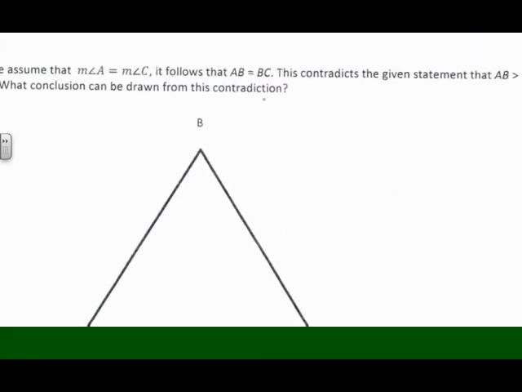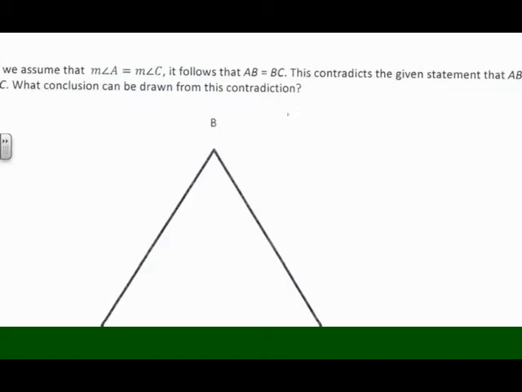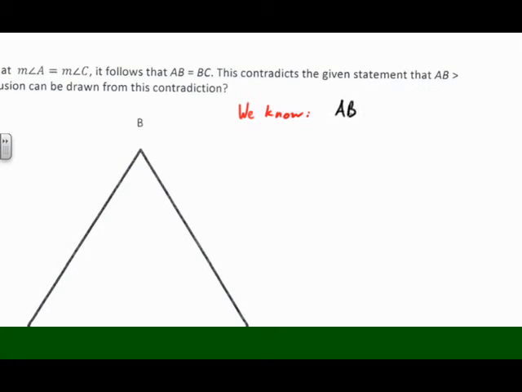Okay, so first we know that AB is greater than BC.